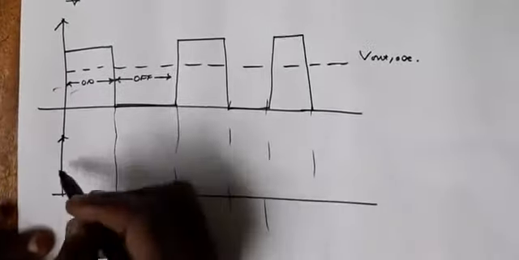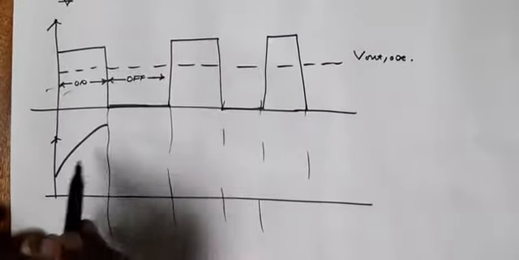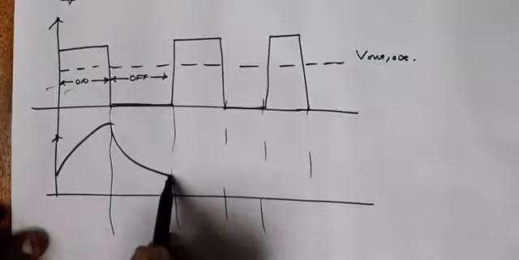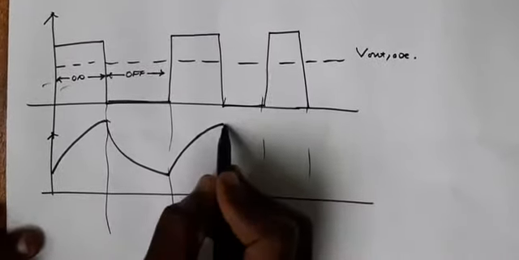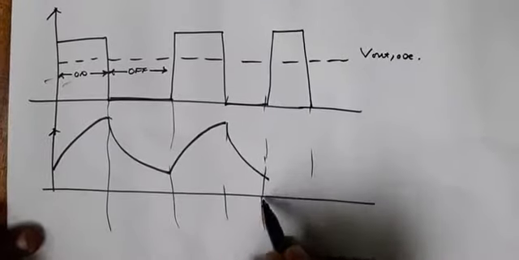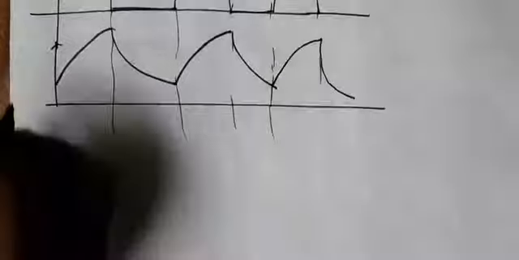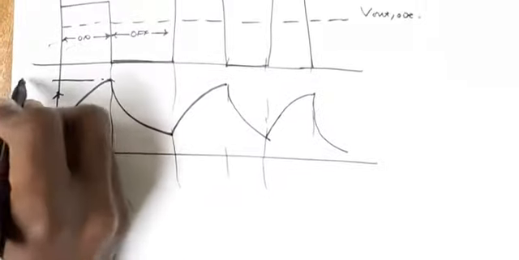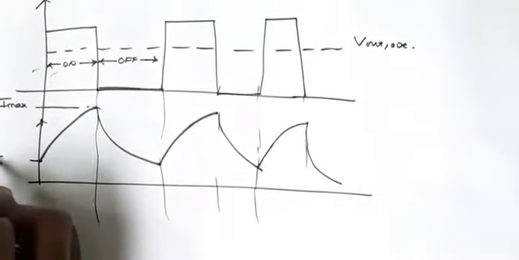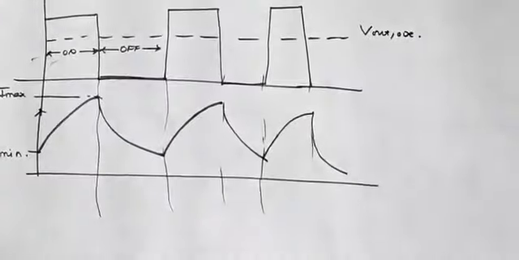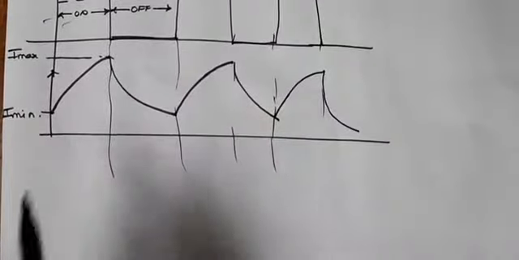So if we assume continuous conduction, during on, the load current increases up to a point, and then during the off period it decreases, and then during the next on period it increases, and during the off period it decreases. Here this is the Imax, and this is Imin. So this is what is known as continuous current conduction.